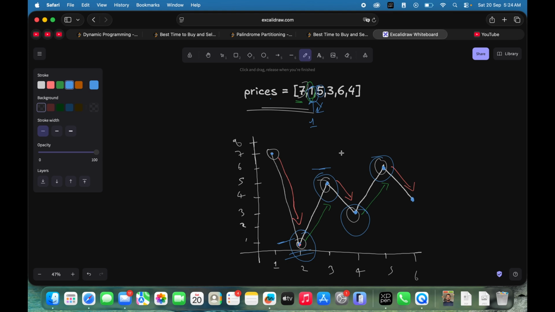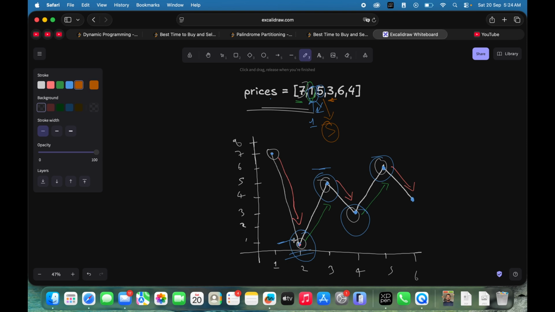Now, since I can buy on the same day again, I can check again. Suppose I'm on 5 now. On 5, I can check if the next day's price is greater than 5 or less than 5. If it is greater than 5, I can again buy at 5.